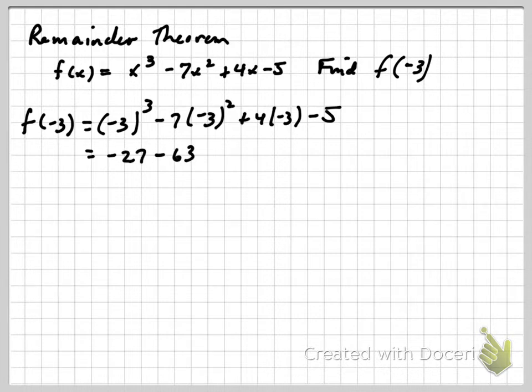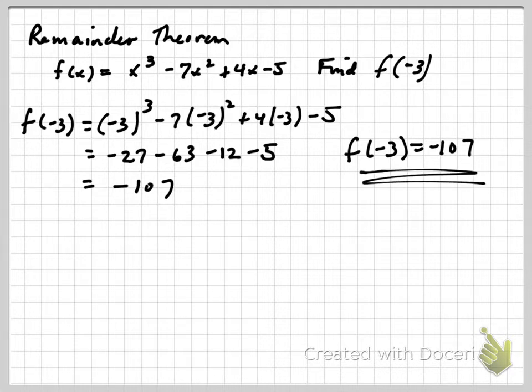This is a negative 63. This is a negative 12. This is a minus 5. So check my addition. I know you will. There's always somebody in class that does. Negative 90, negative 102, negative 107. So f of negative 3 being equal to negative 107, that's like saying you have the point of this function that's going to be negative 3 and negative 107.